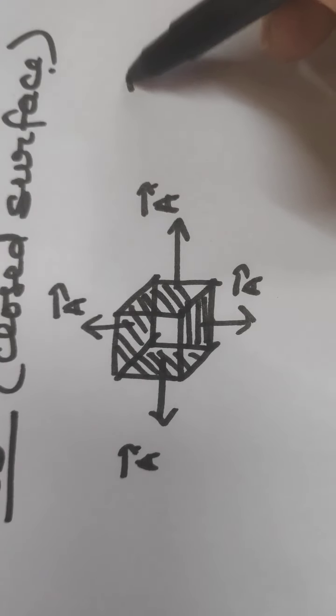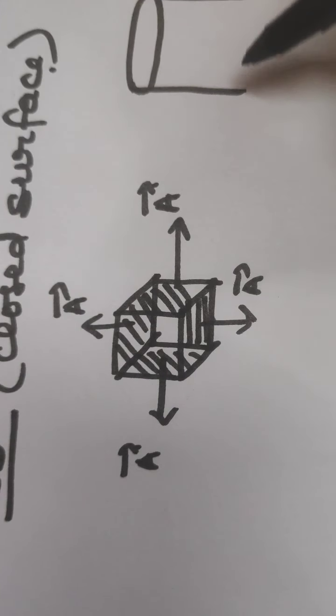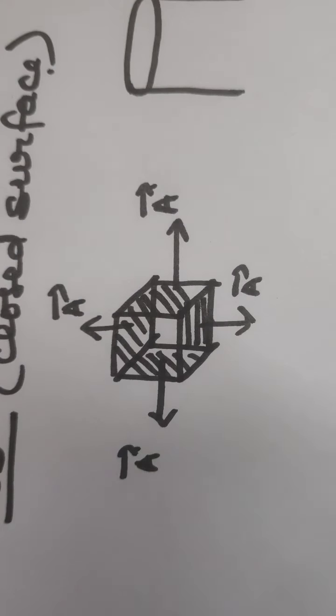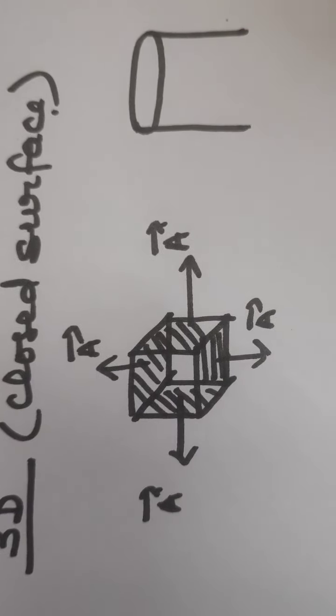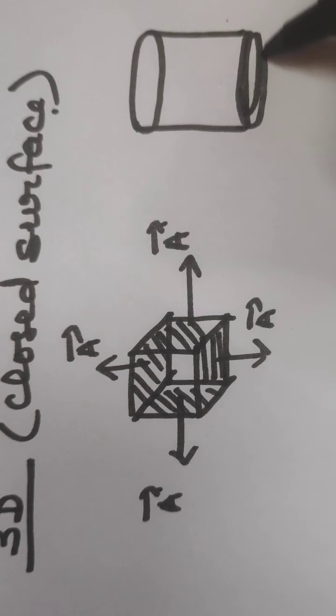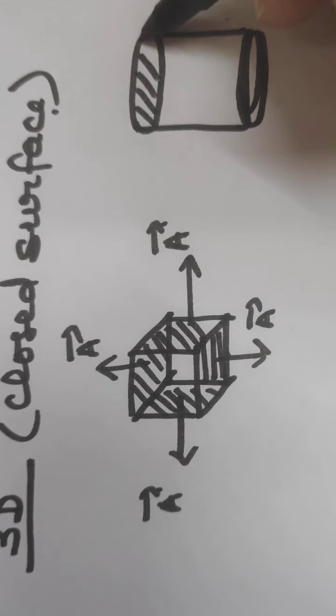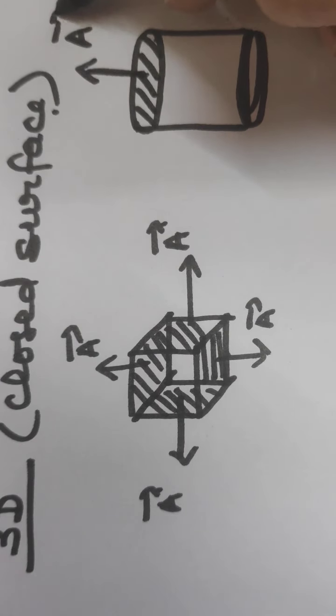Similarly, for a cylinder, this is the area and normally the area vector is this.